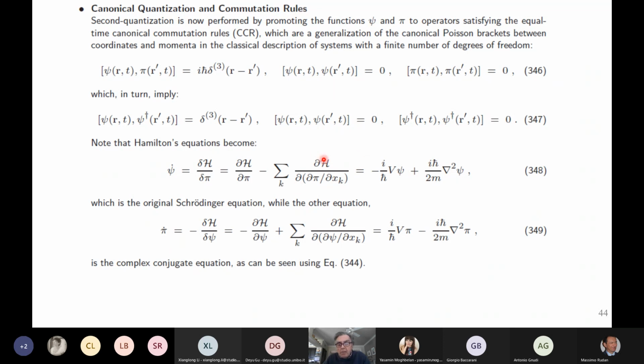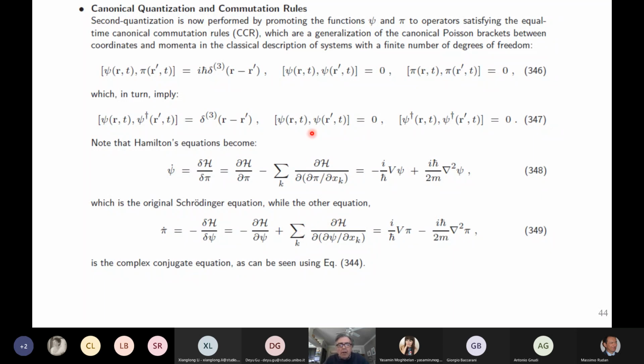This is the first Hamilton equation. The second equation, which is the equation for the pi, for the canonically conjugated momentum, actually is the canonically conjugated equation to 348. So I get the same thing, except for a complex conjugation or Hermitian conjugation.